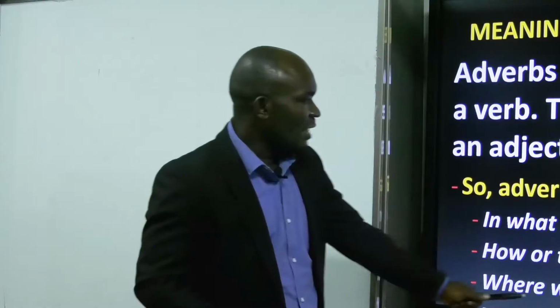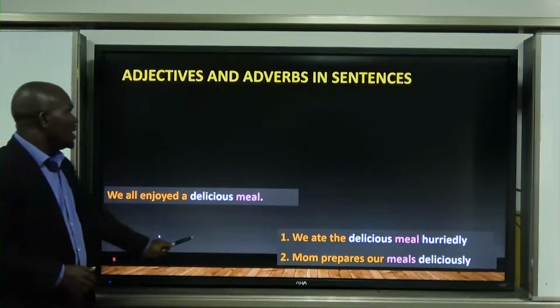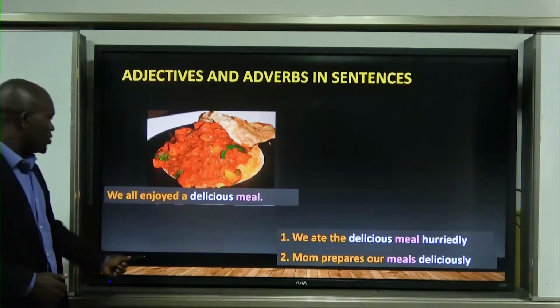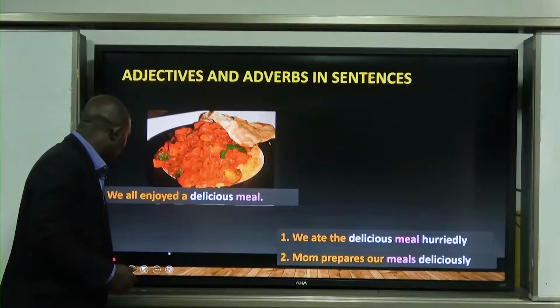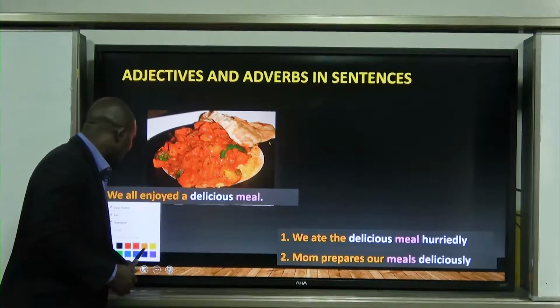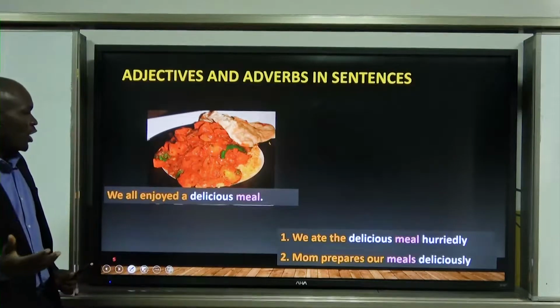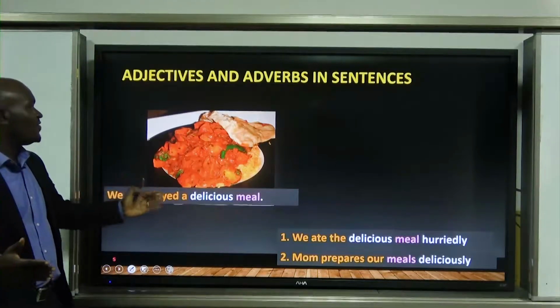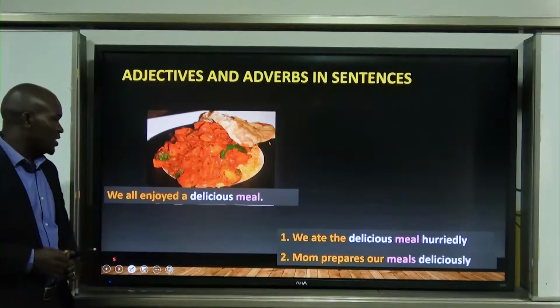So let's proceed. Let's look at adjectives and adverbs in a sentence. I'll be considering these sentences for our analysis. How do we find adjectives and adverbs in a sentence?